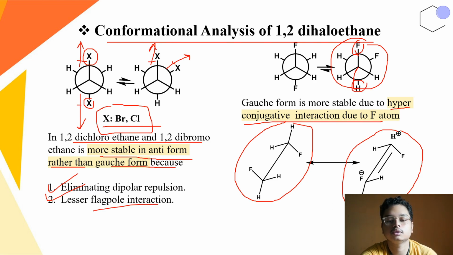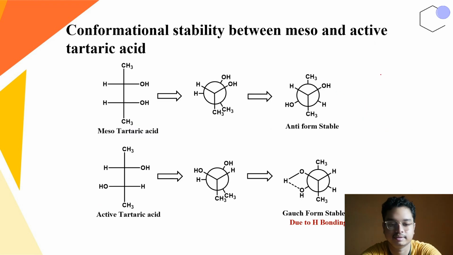So in the fluorine case, 1,2-difluoroethane, the gauche conformer is much more stable over the anti-conformer, because in the anti form the fluorines are simply cancelling each other, but in gauche it is present in the hyperconjugative structure, and that's why the gauche is stable.